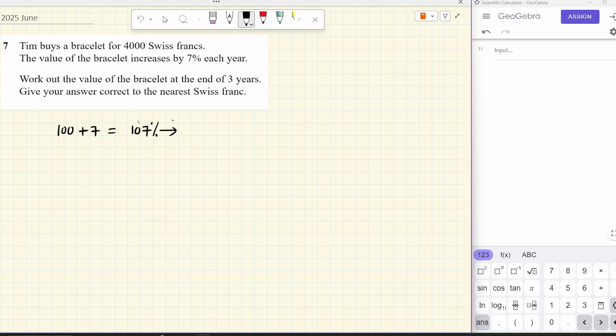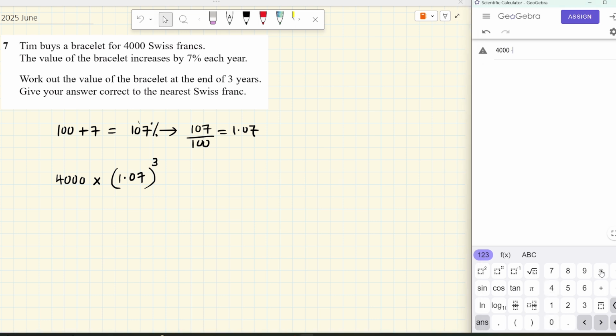So percentage as a fraction, that is 107 over 100, that is 1.07. So this is the multiplier. Then you can write the initial value, that is 4,000, into multiplier, that is 1.07, to the power number of years, that is 3.